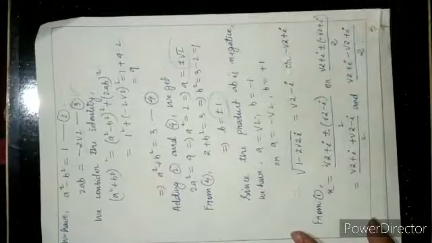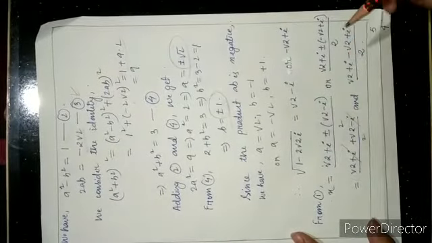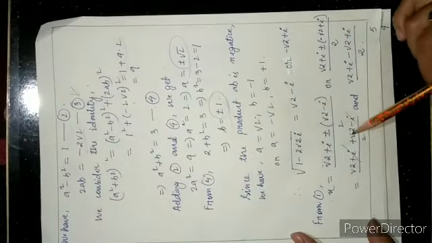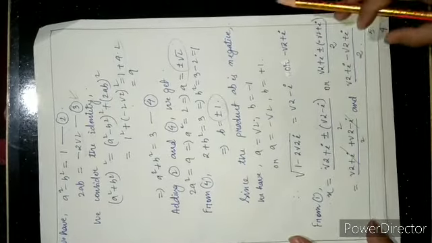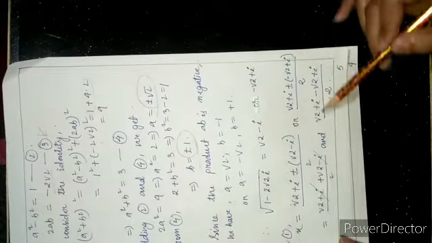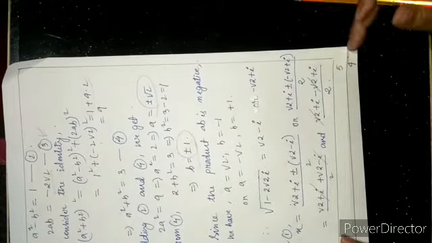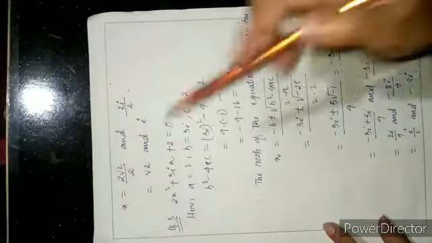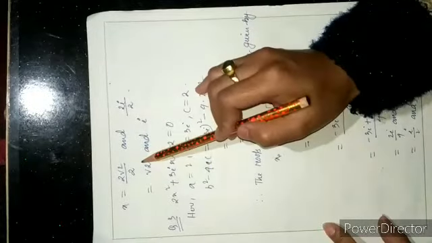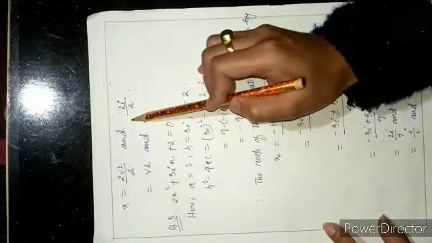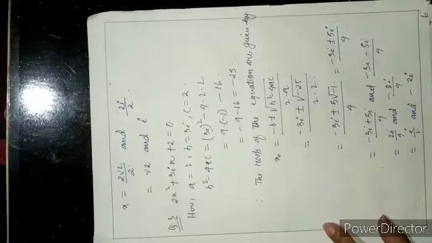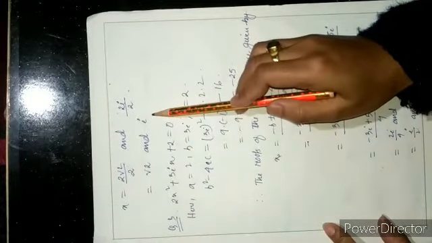Let us simplify both complex numbers. For the first complex number, cancelling plus i and minus i, we have root 2 plus root 2, 2 root 2 by 2. Then for the second complex number, cancelling plus root 2 and minus root 2, i plus i is equal to 2i divided by 2. So x is 2 root 2 by 2, and 2i by 2, dividing out the 2 we get i.